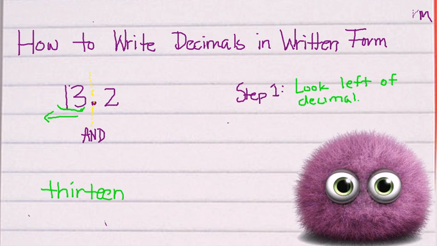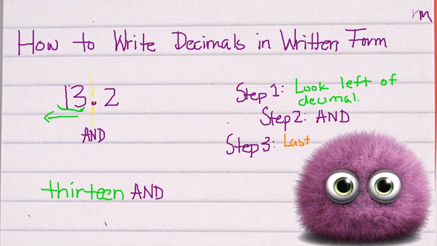Step 2: as soon as I see a decimal, I know I'm going to use the word "and," because we have 13 wholes and a part. Step 3 is to look at the last number on the right and its place value.